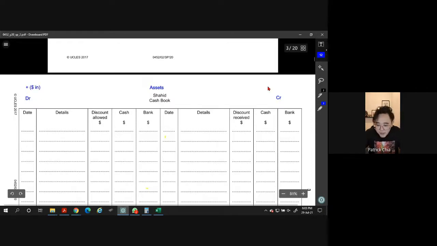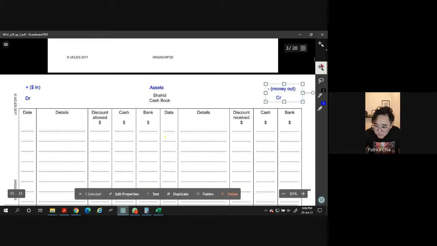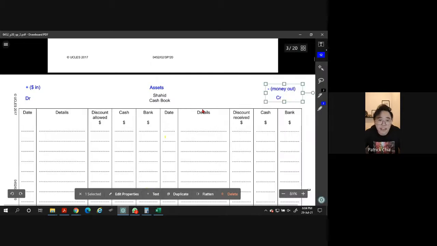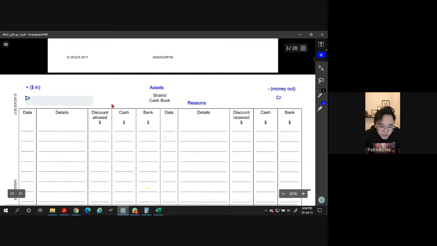The CR side will be minus, and this means money out. And then for the details, I mentioned to you guys before in the T account, this is the reason why money is in and out. So let's go together.